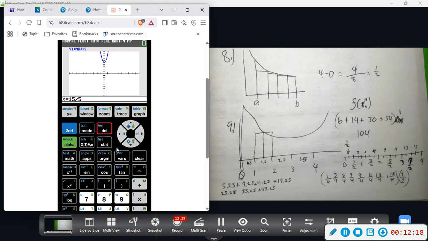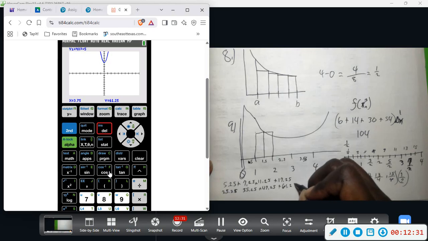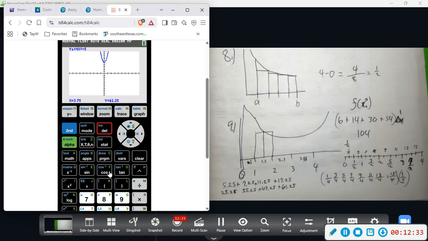Okay, so provided that I did not type anything in incorrectly, 61. Okay, these are the values we should get.